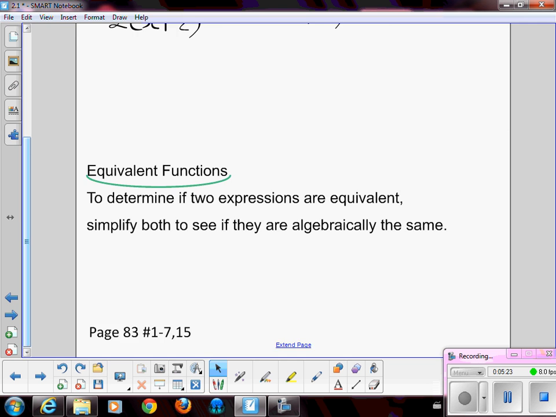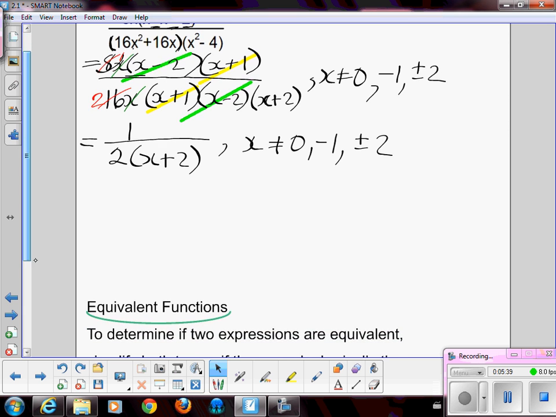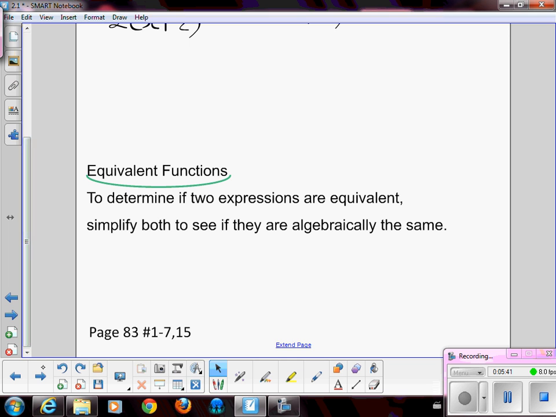So in other words, if I take my line before something is factored and then something after it's factored, they look different, but algebraically they're the same. So how do I prove that? It means that I would expand both of them and demonstrate that they are identical. Okay, some questions for you to do and have lots of fun.